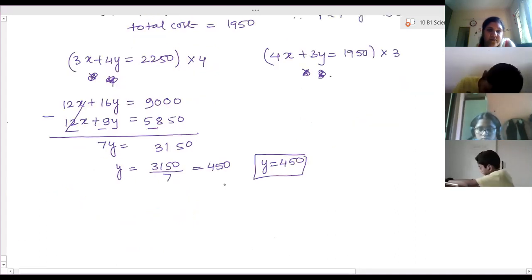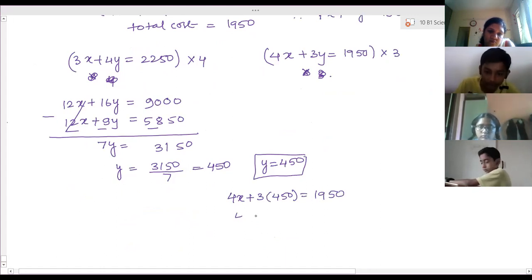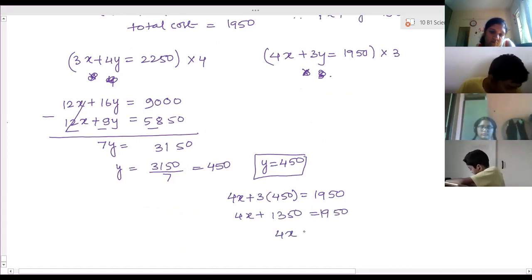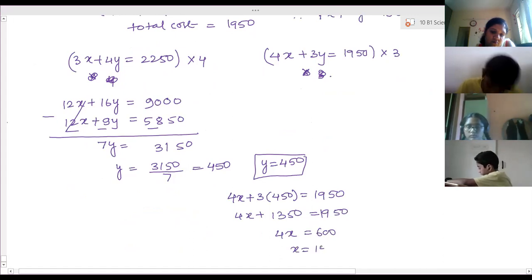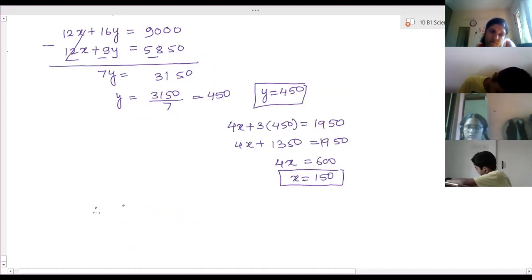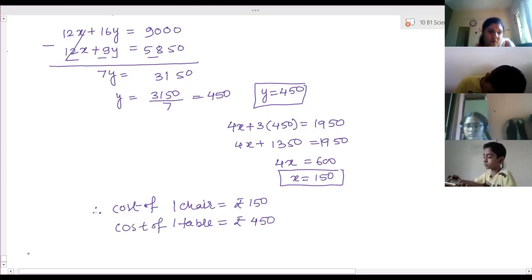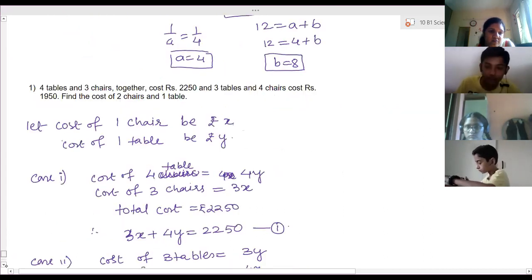Find the value of X. But they have asked the value of 2 chairs and 1 table.